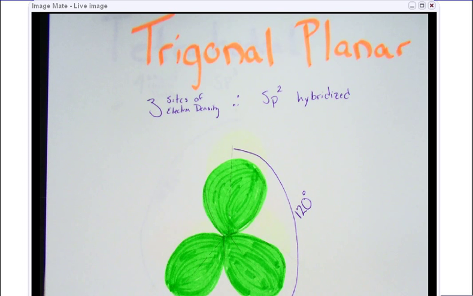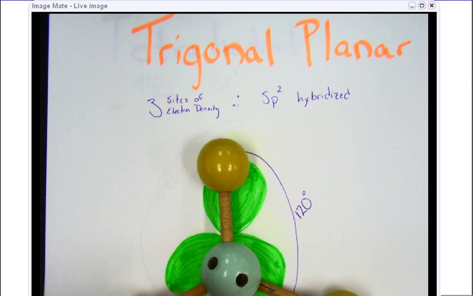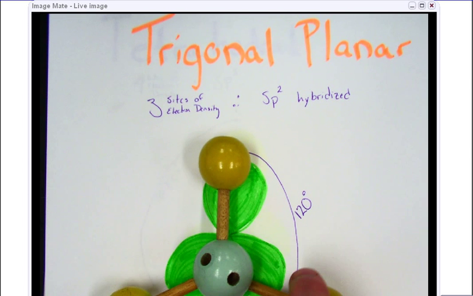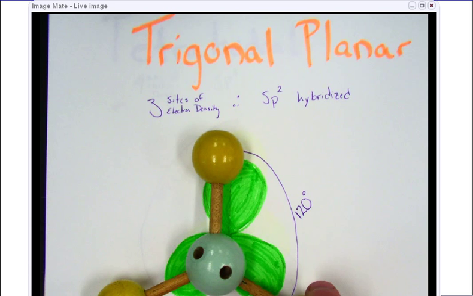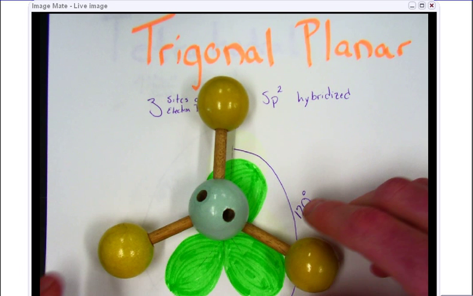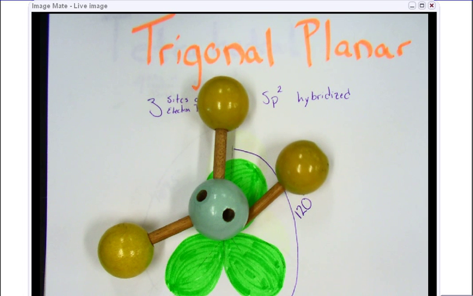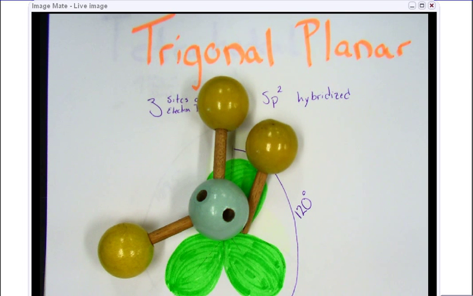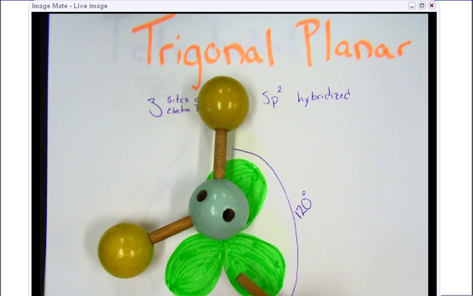Now my picture there is kind of rough, so how about a ball and stick model? And I realize this one's kind of rough as well. But all three of these yellow balls lie in the same plane. And there should be 120 degrees between them. And this one has apparently ventured off on its own.